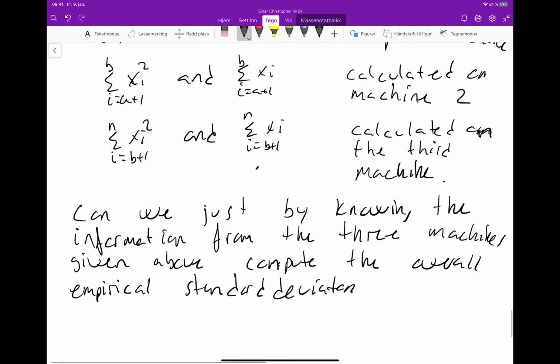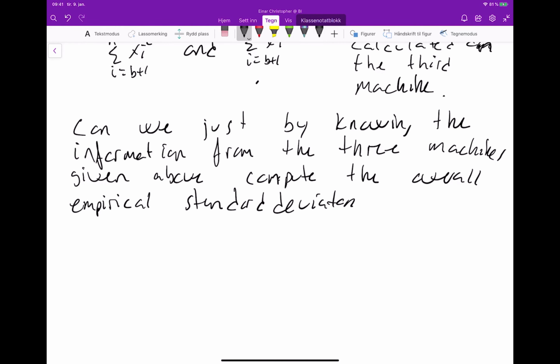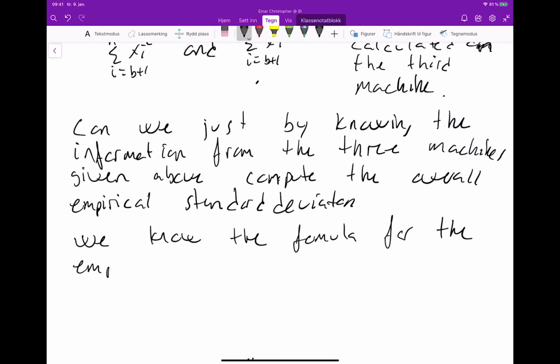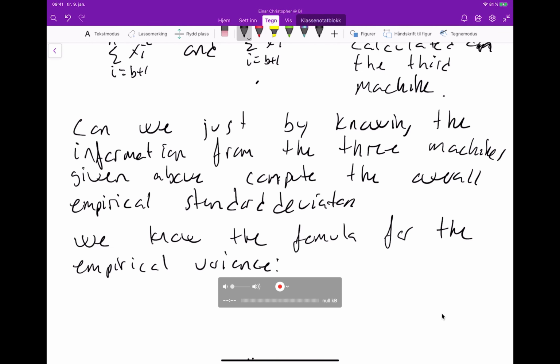Okay, we know the formula for the empirical variance. That is S x squared.